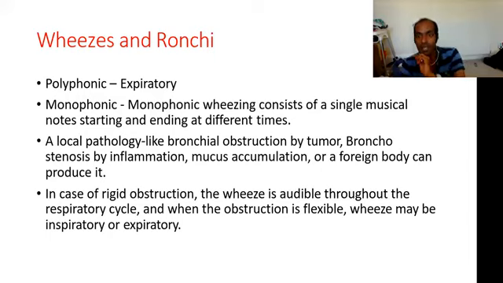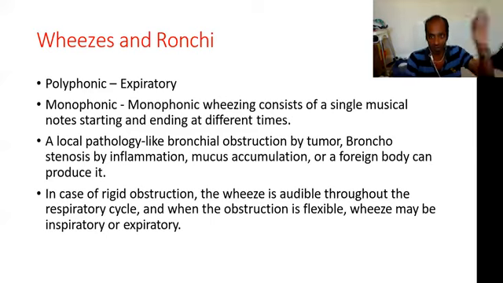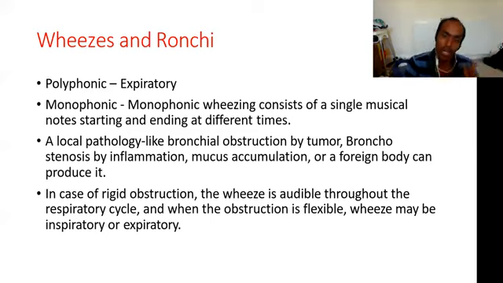Monophonic is just the wheezing sound. You know what a wheezing sound sounds like. It is a single note every time. And monophonic rhonchi can be seen in tumors obstructing airways. So polyphonic rhonchi are what you hear in asthma. Sounds very musical, various notes coming in and out.